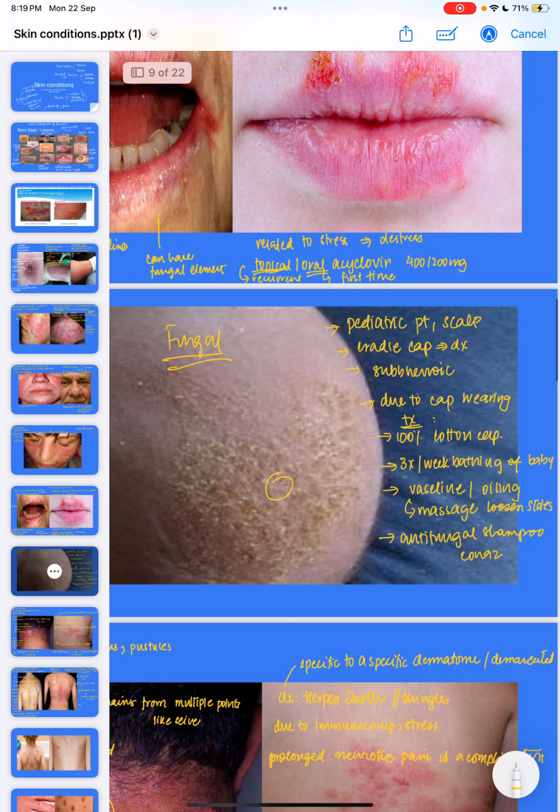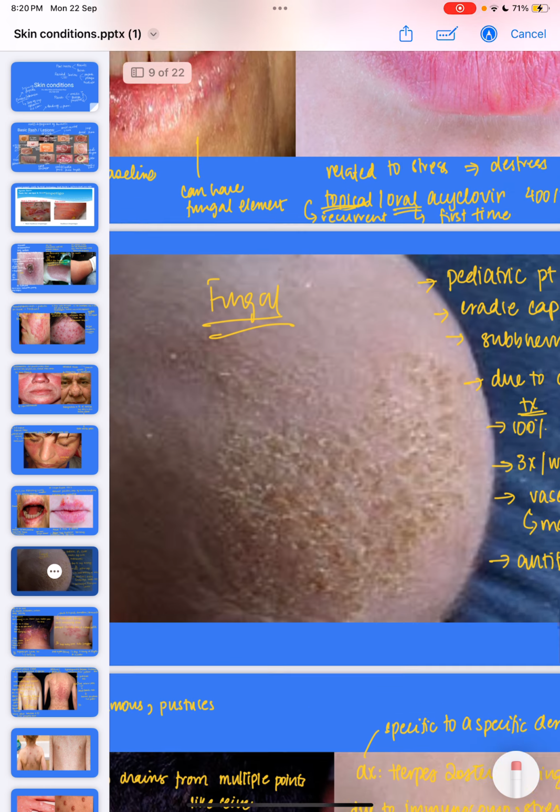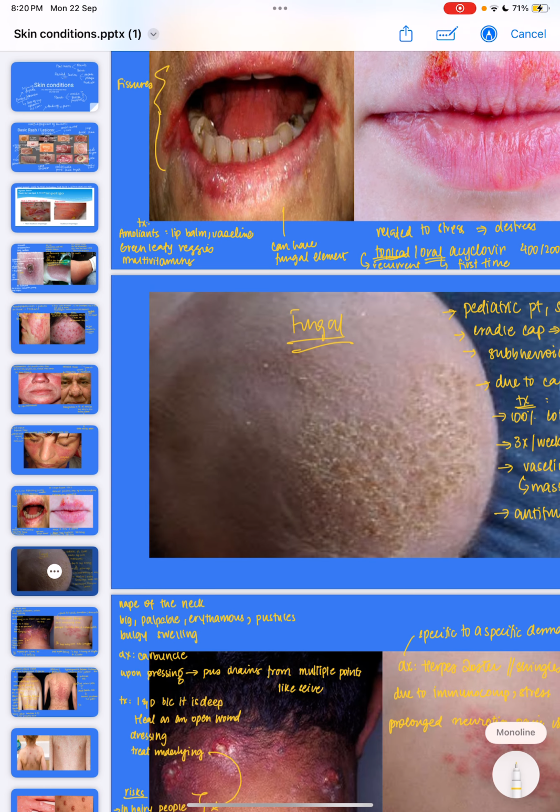So these are like scales, and we give an antifungal shampoo like Gonas, and we tell them how to avoid the shampoo in the baby's eyes. ये usually self-limiting भी होता है. तो if you just describe it in one word, it's a seborrheic dermatitis which presents with yellow greasy scales on the scalp, usually self-limiting, usually appears in the first weeks or months of life, and it's thick, greasy, right?